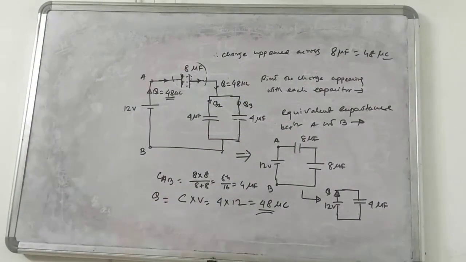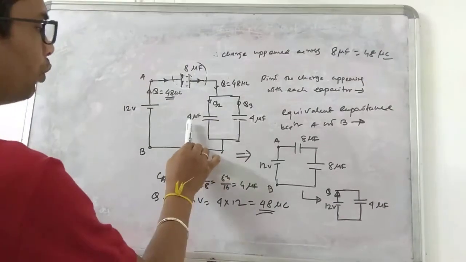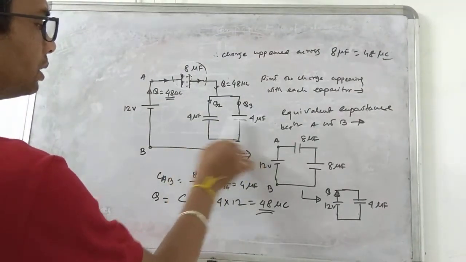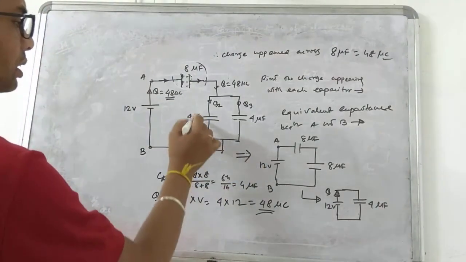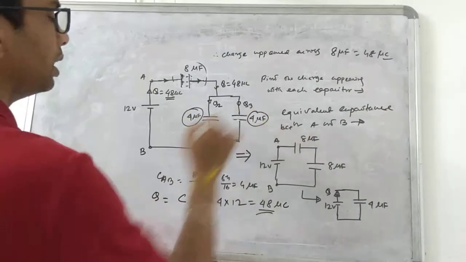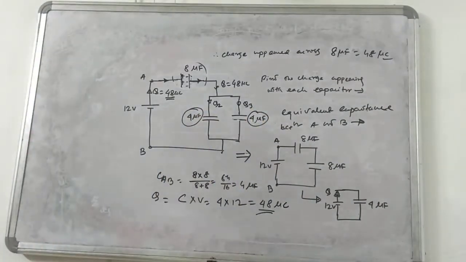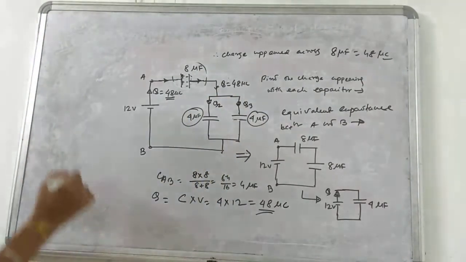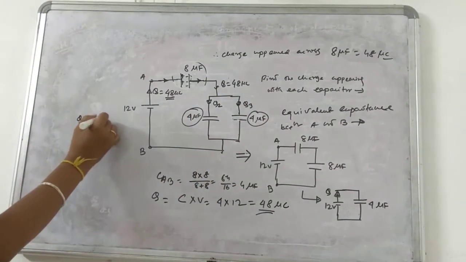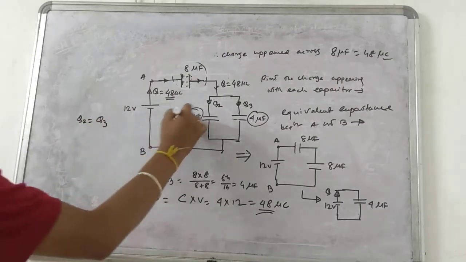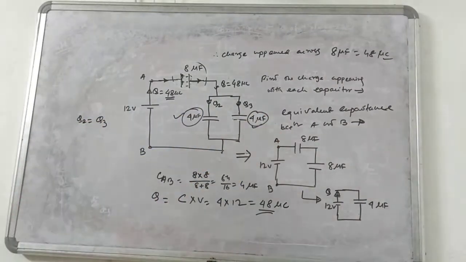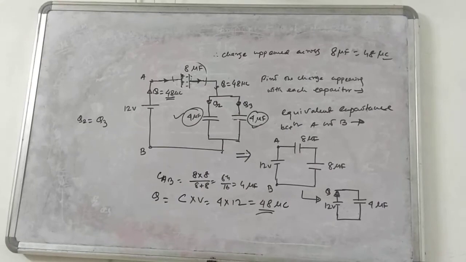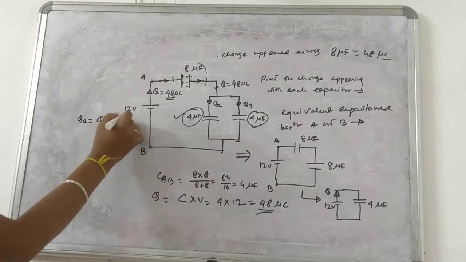Since these two capacitors have the same capacitance, the 48 microcoulomb is divided into Q2 and Q3, and Q2 must be equal to Q3. That means each is equal to Q by 2.